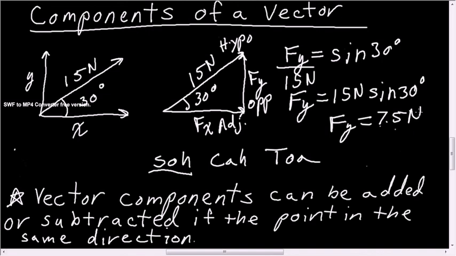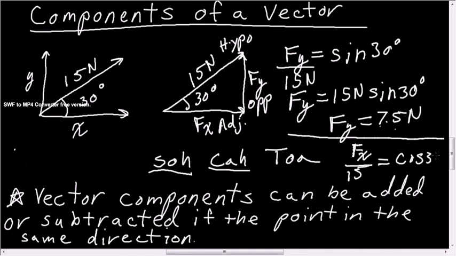Okay? So what if I wanted to find Fx? I'm going to draw a line to separate the Fx component of our vector. So x is the adjacent side of the triangle, so I can use cosine, which is adjacent over hypotenuse. So Fx over 15 newtons equals cosine of our 30-degree angle.